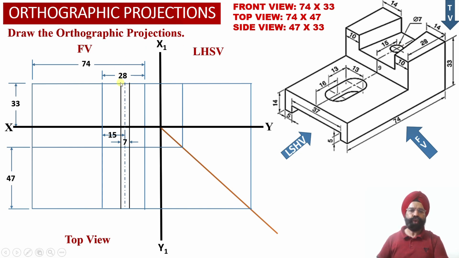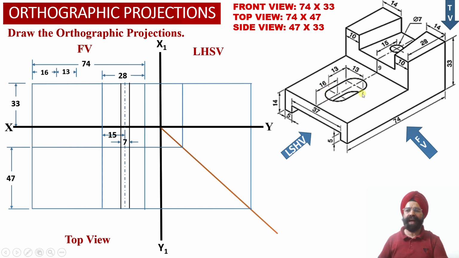Two vertical black projector lines depicting the end points of the diameter of the circular hole have been obtained, and these have been appropriately extended into the top view projections as well.